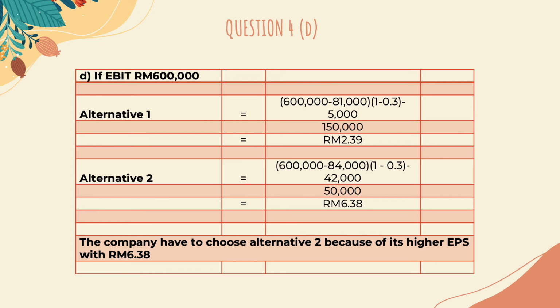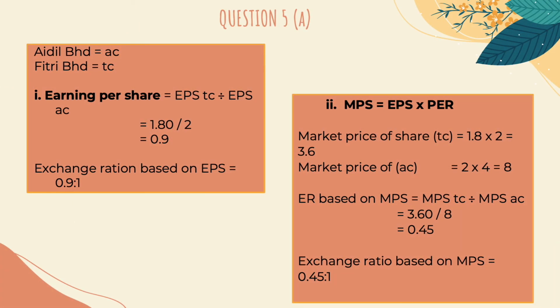Question 5A, we have to calculate the exchange ratio if merger terms are based on, first, earning per share. We put IDEAL as AC, FIN3 as TC. EPS TC divided by EPS AC is equal to 0.9. Number 2, market price of share.